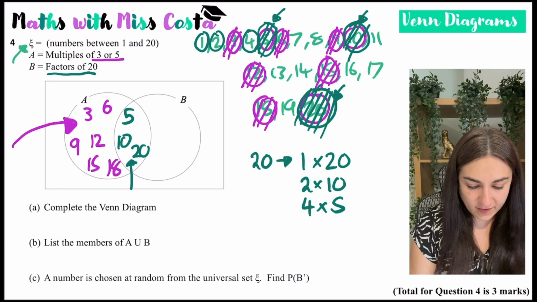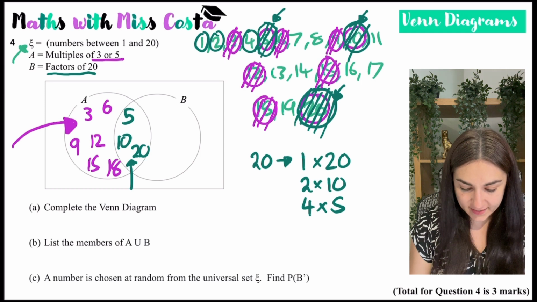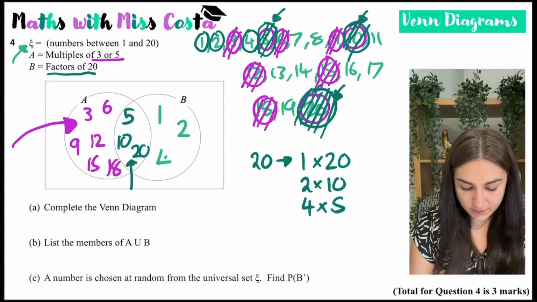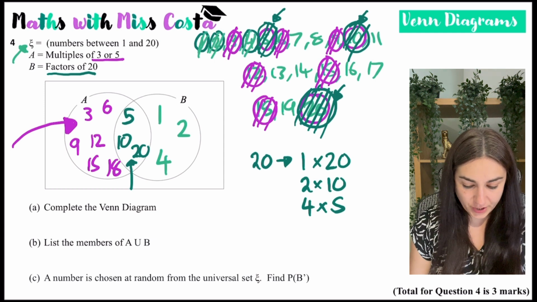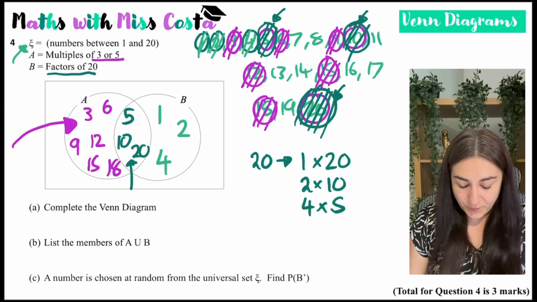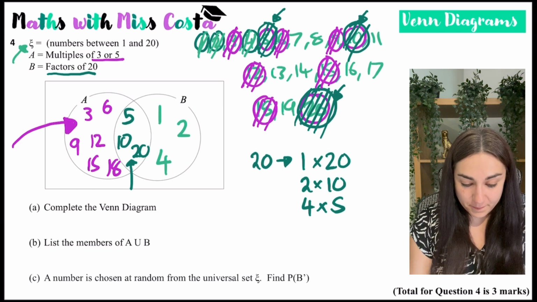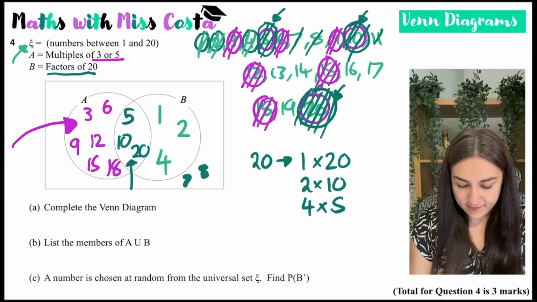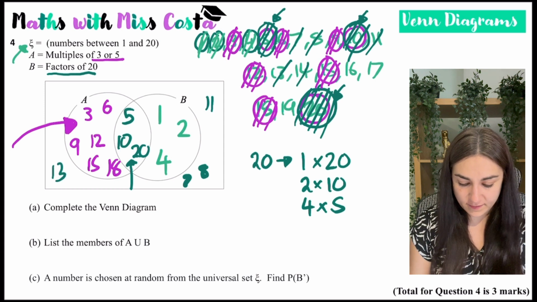Then the numbers that are just factors of 20, the dark green ones, would be 1, 2, 4, and is there anything else I've circled? No. So all of the other numbers have to go on the outside. So I've got 7, 8, 11, 13, 14, 16, 17, and 19.